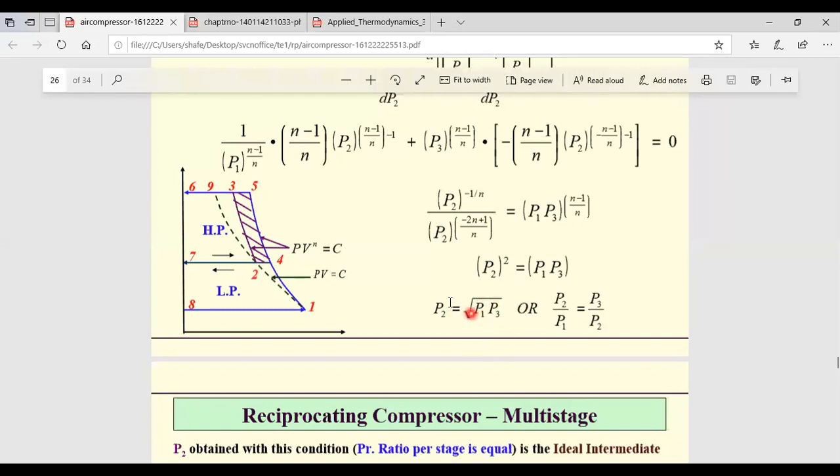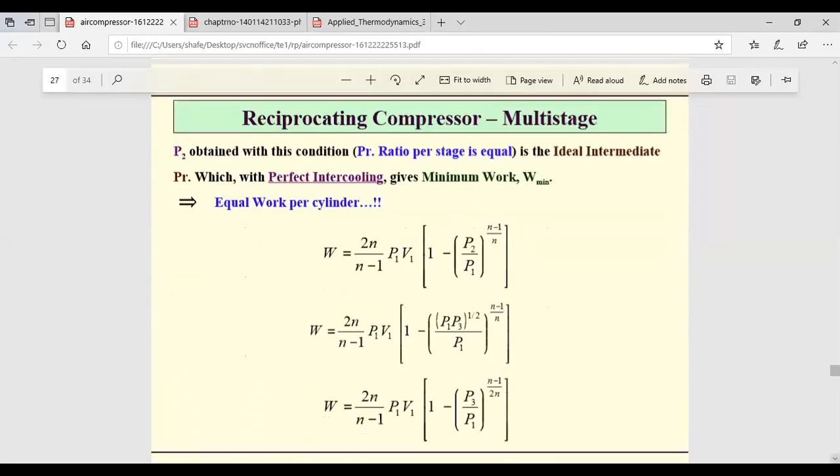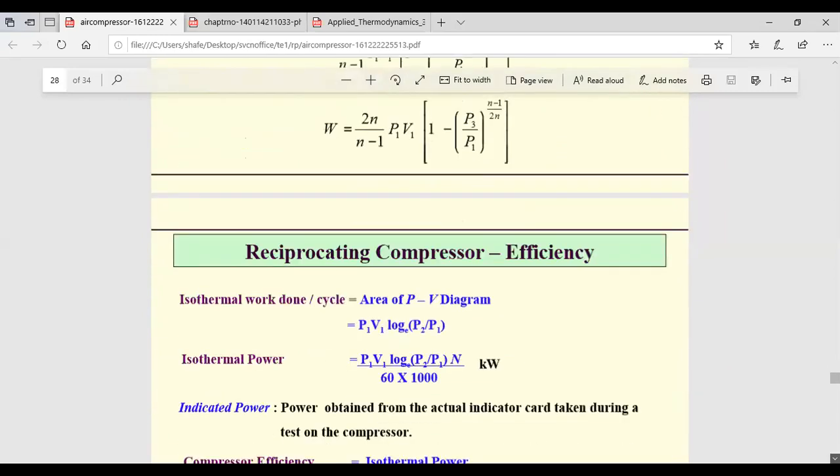So 3 bar is called the intermediate pressure. If I maintain the intermediate pressure at 3 bar, then the work taken by the compressor is very, very less. Okay. So that's the maximum amount of formulae available in the case of your reciprocating compressor.